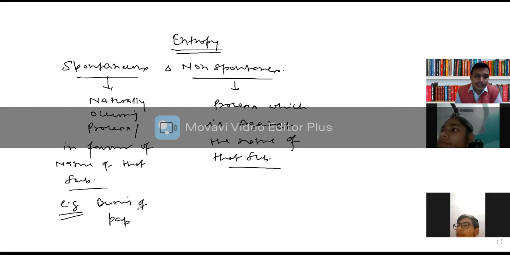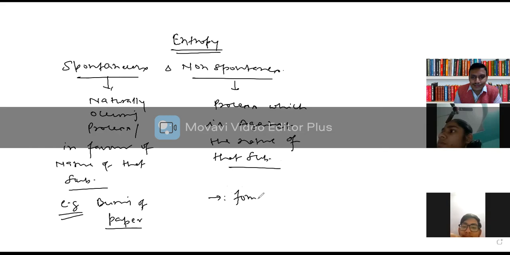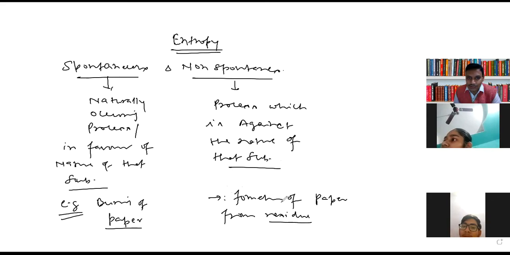Burning of paper is the nature, because paper has the nature to burn. But if you make paper again from the burnt substance, that will be non-spontaneous. Formation of paper from residue. This is called a non-spontaneous process.